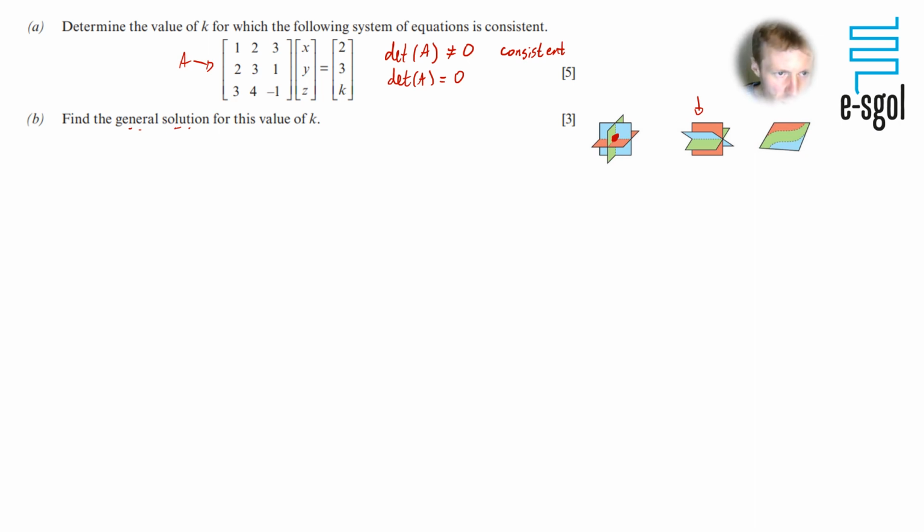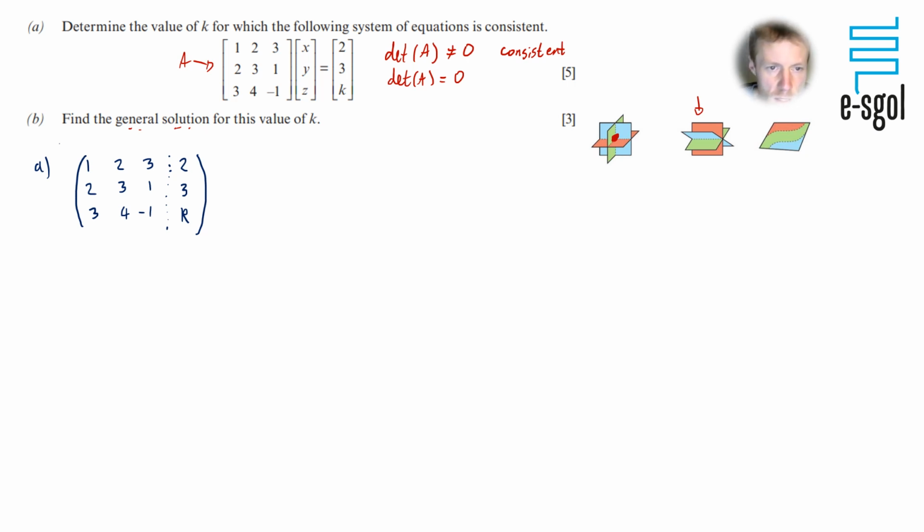I'll take the matrix and rewrite it as an augmented matrix. So 1, 2, 3, 2, 3, 1, 3, 4, -1, and then I'm going to write the solutions 2, 3, and k as my augmented matrix, and then I'm going to start to reduce this to echelon form.